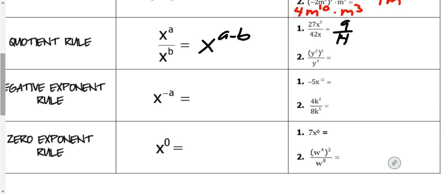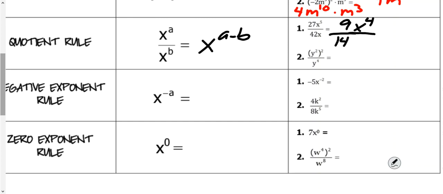So let me write that a little more clear. 9 and 14. I can extend this line over. x to the 5th divided by x to the 1st would be x to the 4th. And that will go up top because it's a positive value.